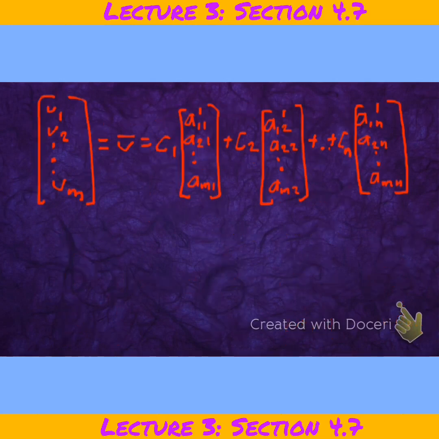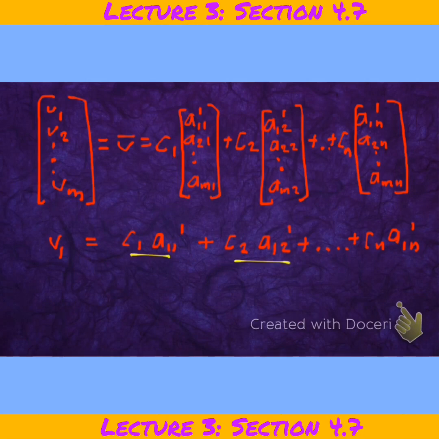Alright, so I'm interested in the first row of that matrix equation. So there we take V1 is clearly equal to C1 times that, C2 times that, up until there, right? And we get it from that part there. Now, the operation I used to get the first row of the matrix B, recall that operation?